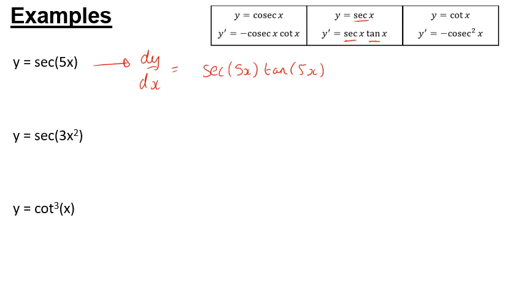Then I'm remembering that I need to use the chain rule. So as well as differentiating sec, I also need to differentiate the bracket. When I differentiate the bracket, I get 5, so I need to times all of this by 5. So I've left a gap at the front because I knew that that 5 was going to go there. So there's my final answer, 5 sec 5x tan 5x.